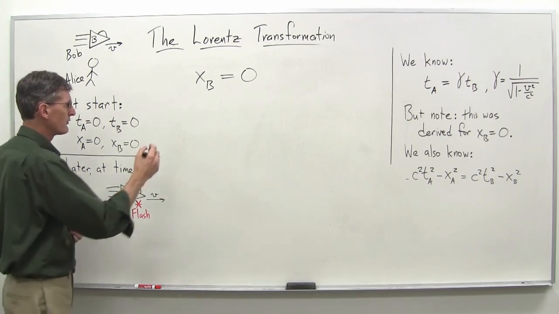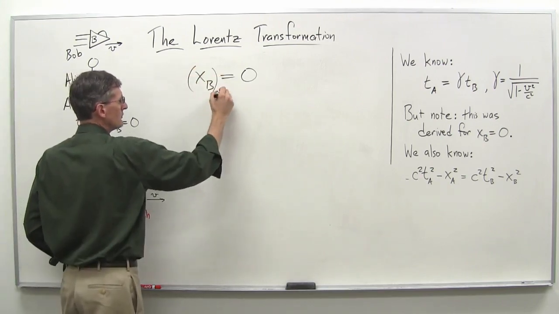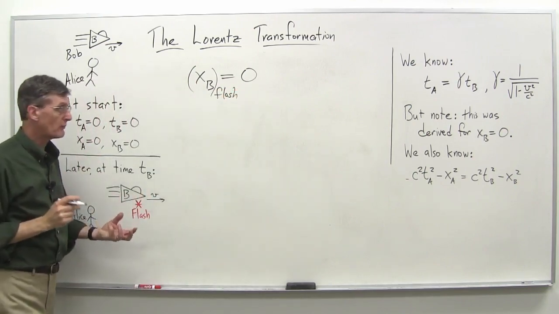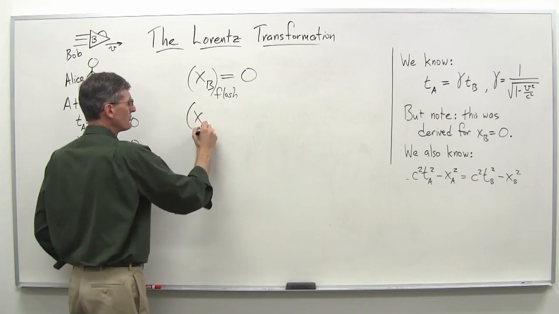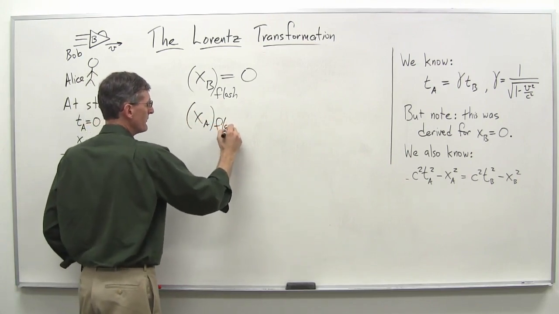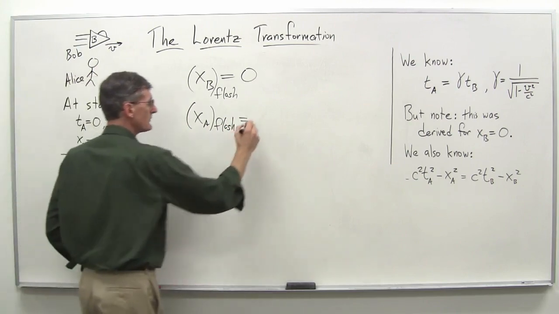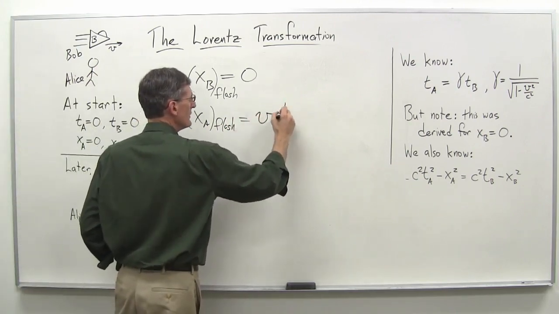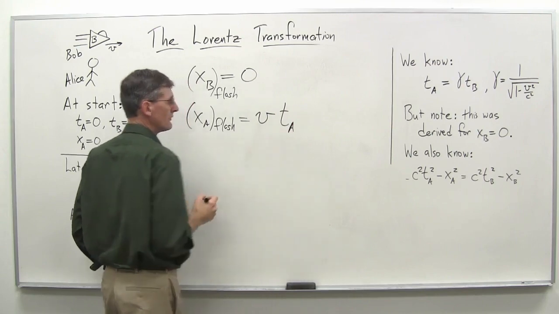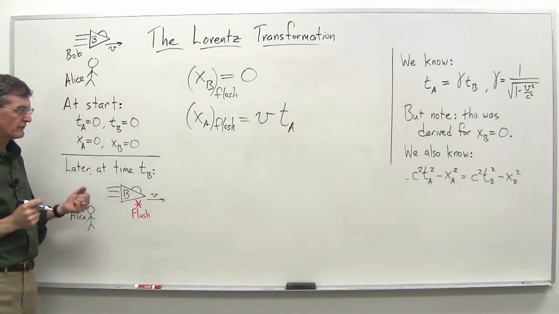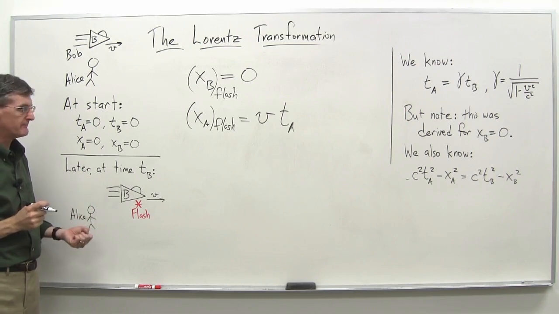And so we can also say, this is the location of the flash to Bob. The location of the flash to Alice is simply going to be the relative velocity times whatever time she sees on her clock, just v times ta.